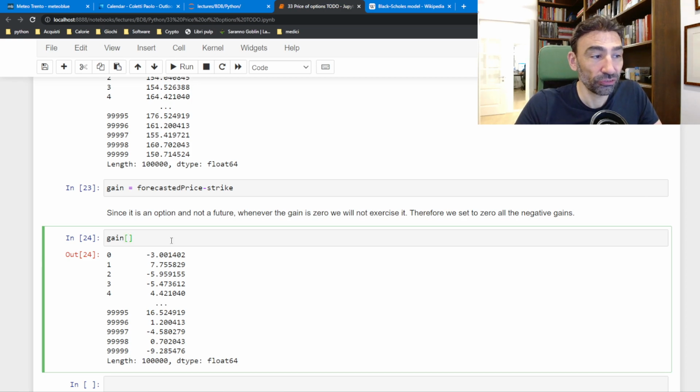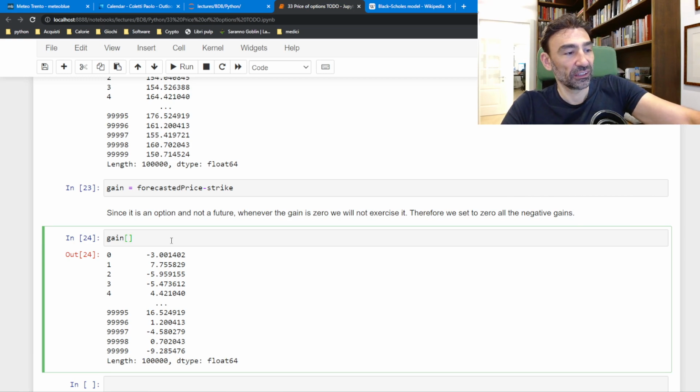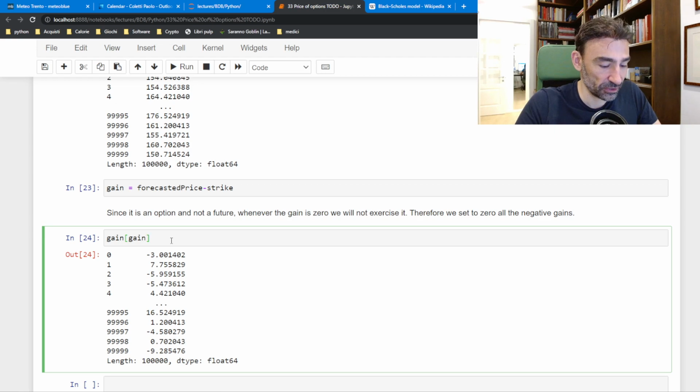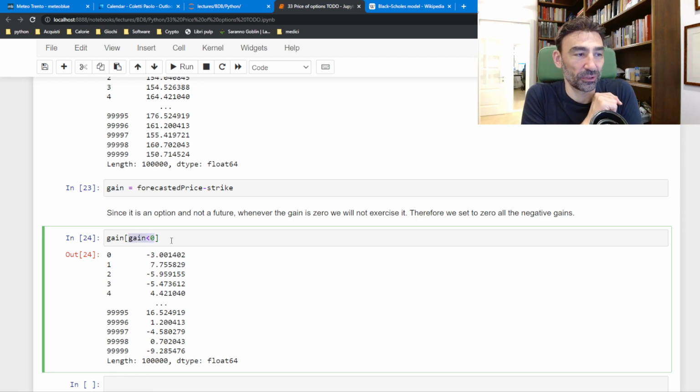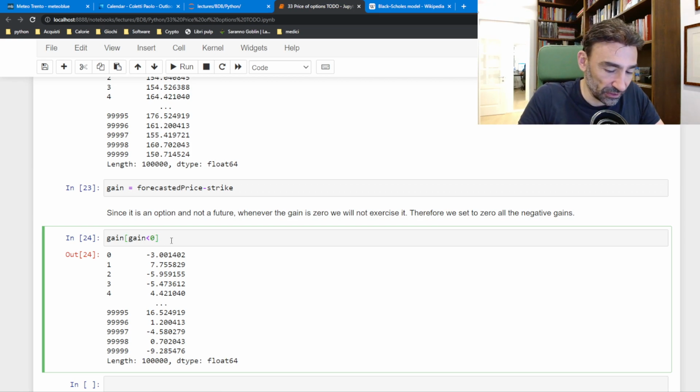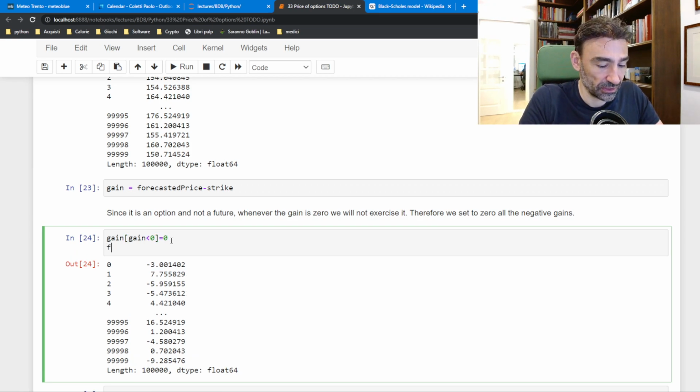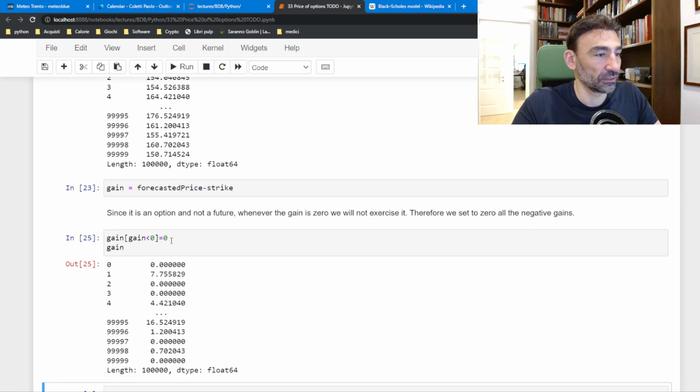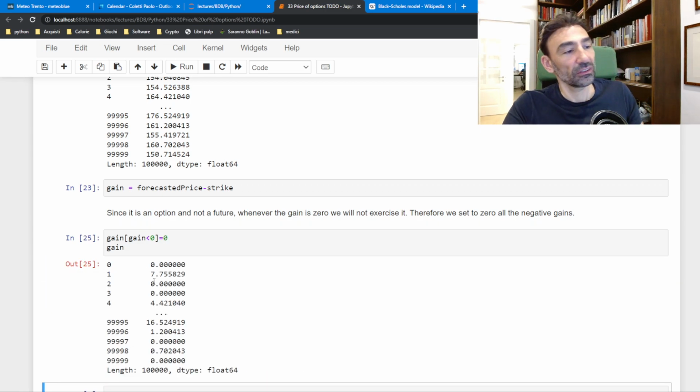I say gain of, and now here I should specify 0, 2, 3, 99997, and I can specify them in this way. So the gain of all those which are smaller than 0 will be set equal to 0. And you can see they have been set equal to 0. So now this is our situation. In several cases, you will have a 0 gain, all the cases in which you are below the strike price. In other cases, you will have a non-zero gain.